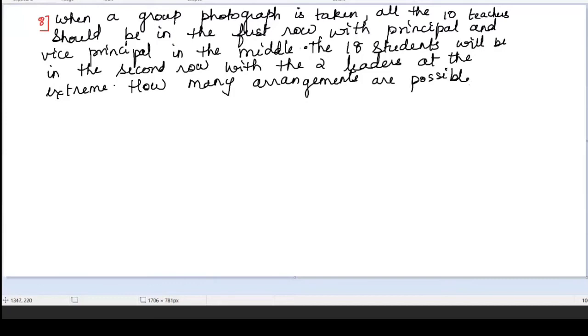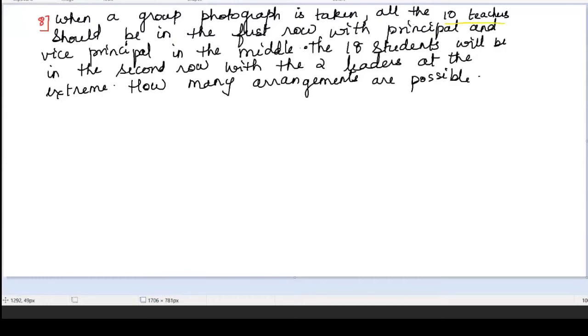Okay, first let me explain to you the question. The question tells me when a group photograph is taken, all the 10 teachers. Now remember, in these 10 teachers, principal is also there, vice principal is also there, but the condition tells us they have to be in the middle.